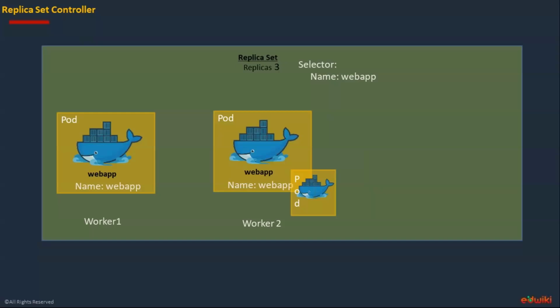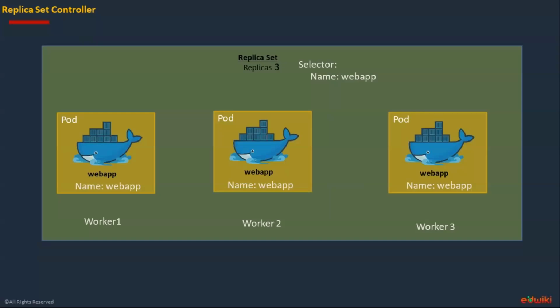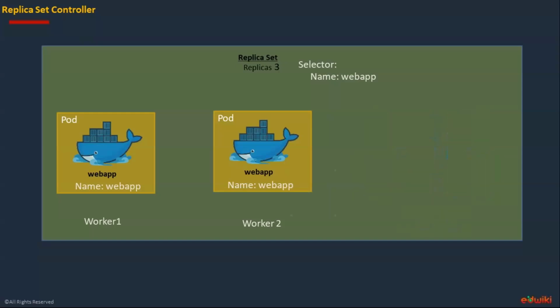Hence, it is better to keep your pods spread across multiple worker nodes. If one worker node is down, then during the movement of the pod from the failed worker node to a healthy worker node, your application will still be running because there are 2 more pods running healthy on the other worker nodes.